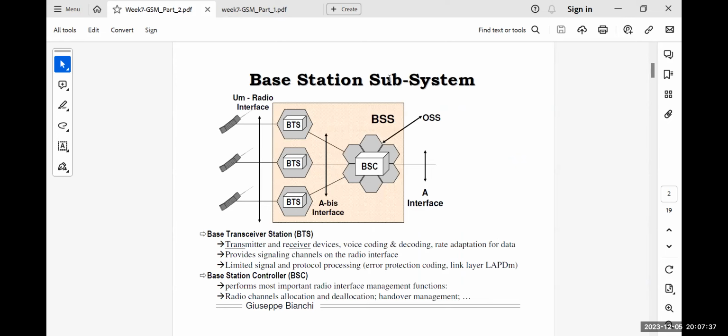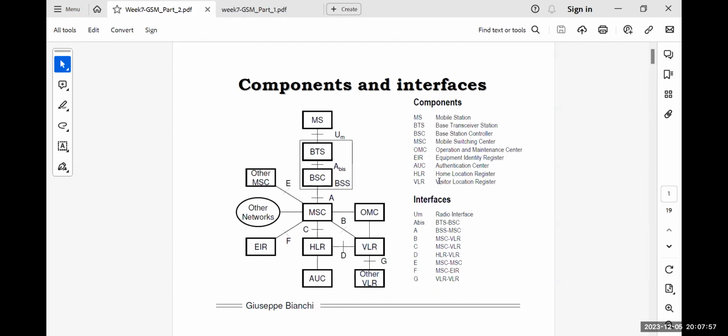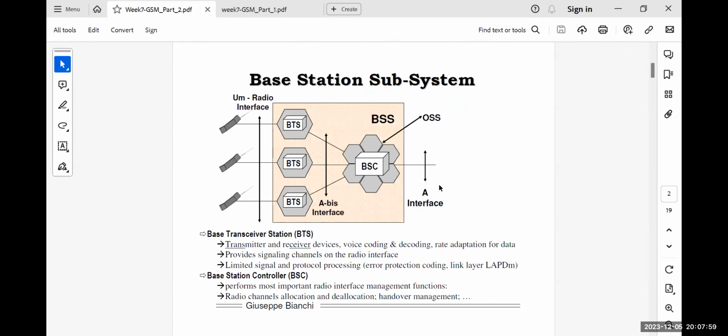Okay, coming back to the base station subsystem that we studied in the lecture earlier, that includes both the BTS and the BSC. So the interface between the mobile station and the BTS, as you know, is the Um interface, between BTS and BSC that is the A-bis interface, and between BSS and MSC, that is the A interface over here. So over here, beyond the BSS and MSC, we have the OSS, right?